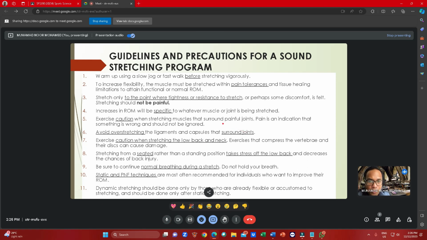Stretch only to the point where tightness or resistance to stretch or perhaps some discomfort is felt, and stretching should not be painful. If we talk in terms of the biomechanics of stretching, when we stretch our muscle, there will be two types of tension on the muscle group itself.